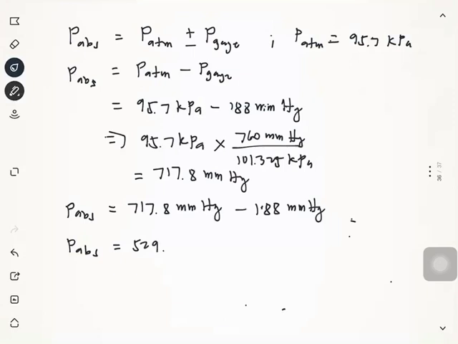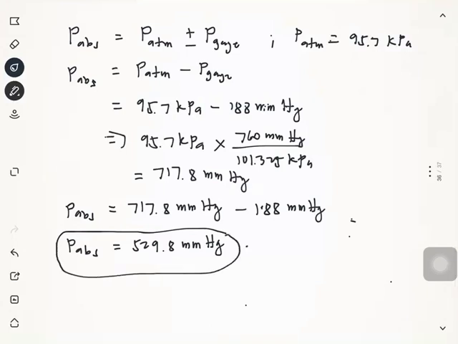So we can calculate now the absolute pressure. That is 717.8 millimeters of mercury.